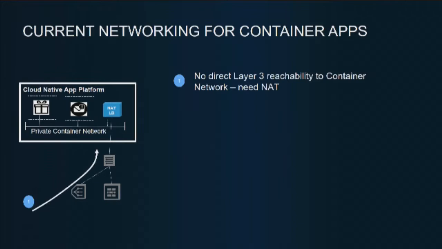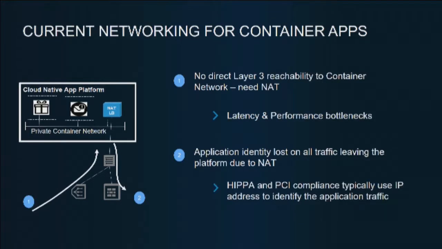Let's start with container networking. Today, we learn that containers run on a container platform on some form of a private network. To talk to a container, you typically send traffic to some node, and that node does network address translation, or NAT. As a result, you do not have the ability to have direct layer 3 reachability between your firewalls and load balancers and your front ends.